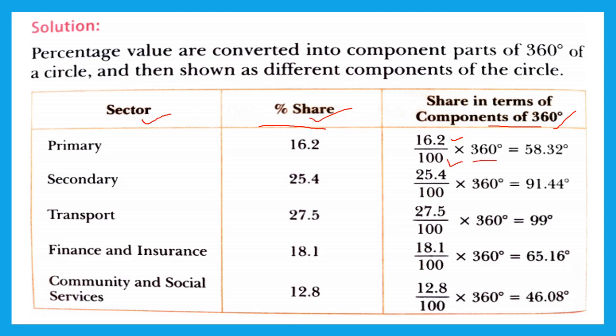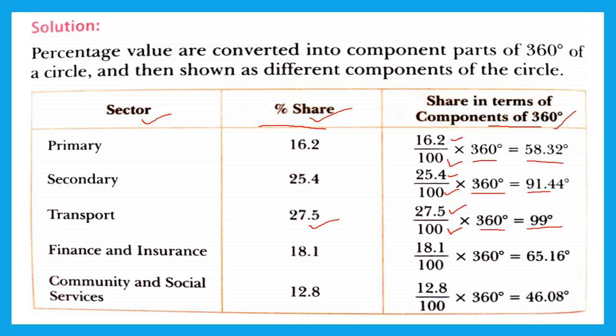We got 58.32 degrees. Similarly, percentage share 25.4 divided by total percentage 100, into 360 degrees gives 91.44 degrees. For 27.5, the percentage share 27.5 divided by 100 into 360 degrees gives you 99 degrees.